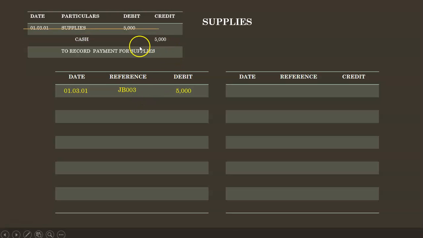So let us go to the cash page to post this cash. Okay. Since it is credited, we make the entry on the credit side. January 3, journal book entry number 3, 5,000.